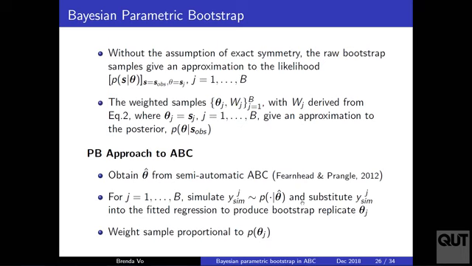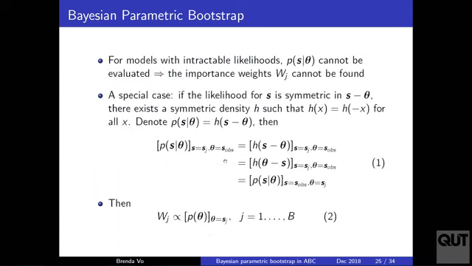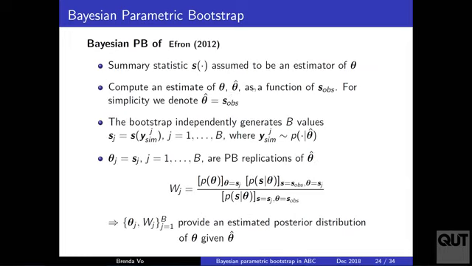Right, so the idea is we will use the weighted samples theta j and wj's to give the approximation to the posterior. But when we perform the Bayesian parametric bootstrap, we need the estimated theta hat. So where do we get that theta hat? It could be very time consuming if we run the whole ABC to get it.